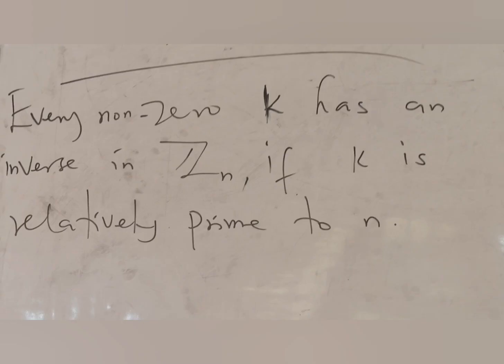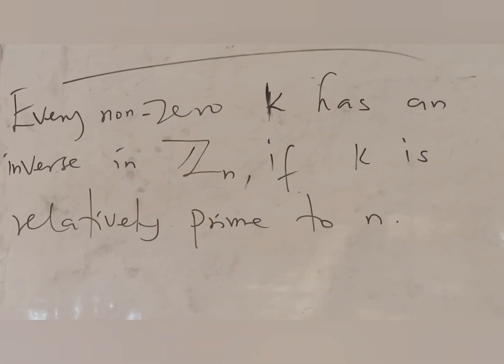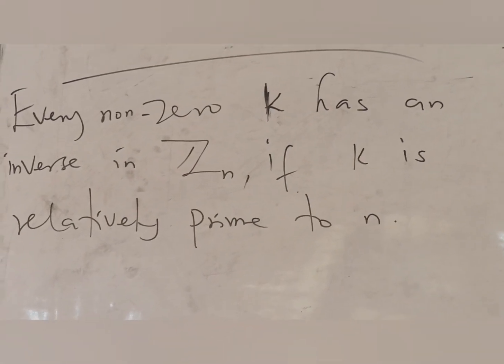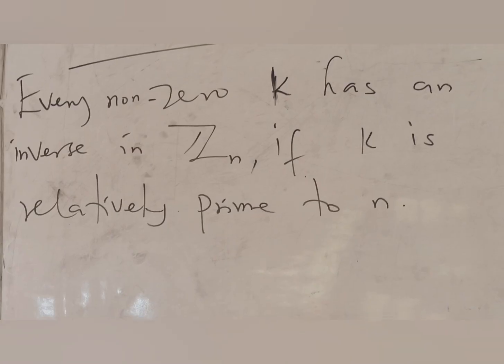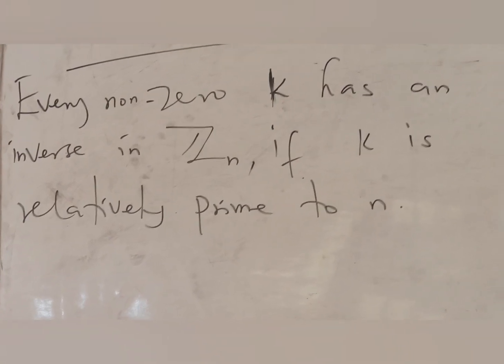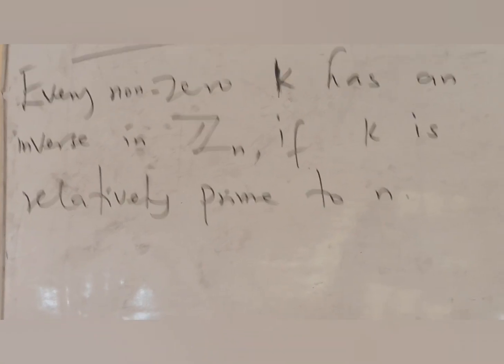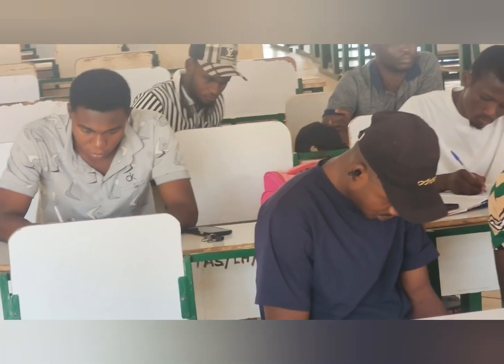Denote the set of all such non-zero elements in Zn by Un.